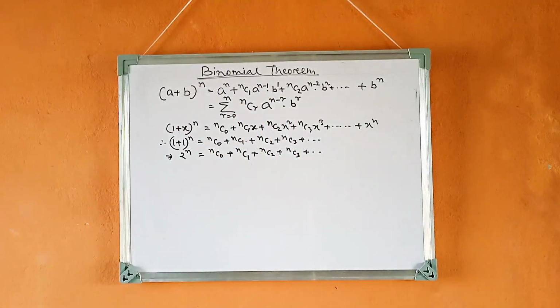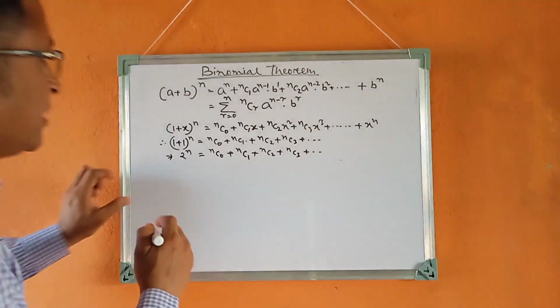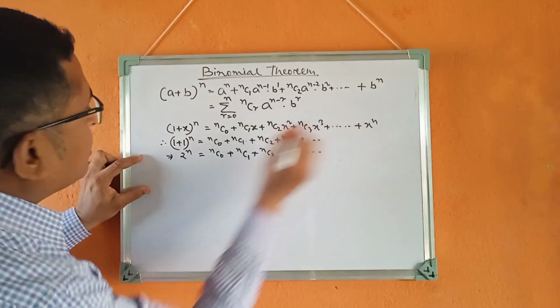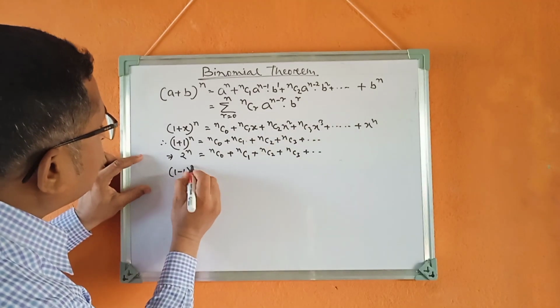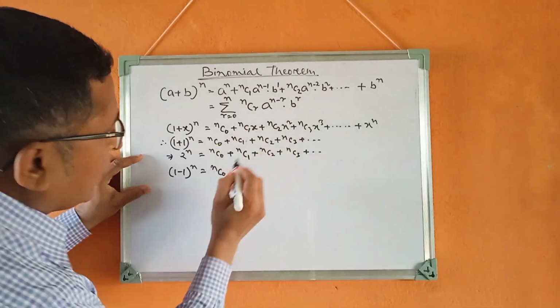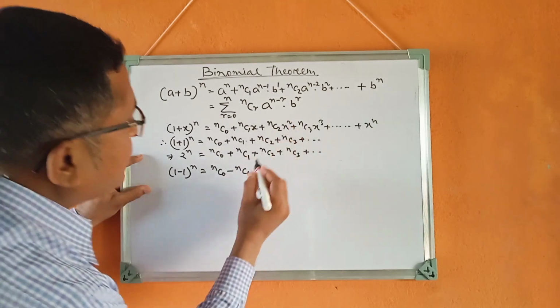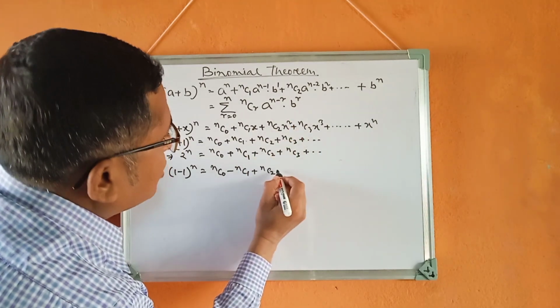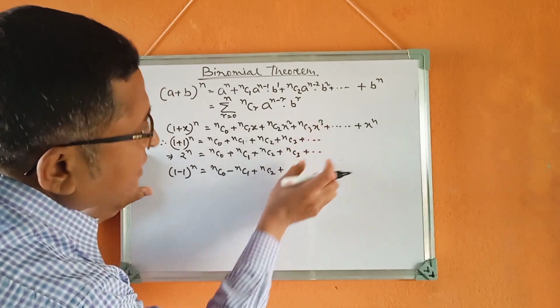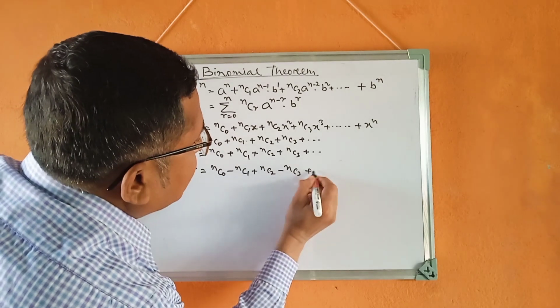Clear? Now see another special case, on putting x equal to minus 1. In this equation we put minus 1, so (1 − 1)^n = nC0 − nC1 + nC2 − nC3 and so on, since (−1)² is plus and (−1)³ is minus.